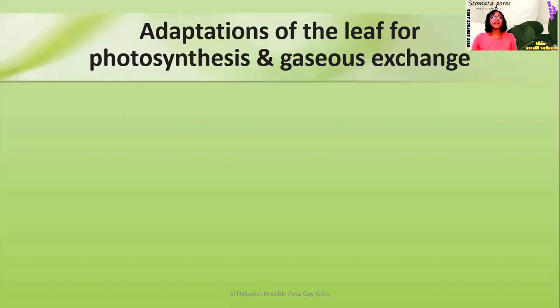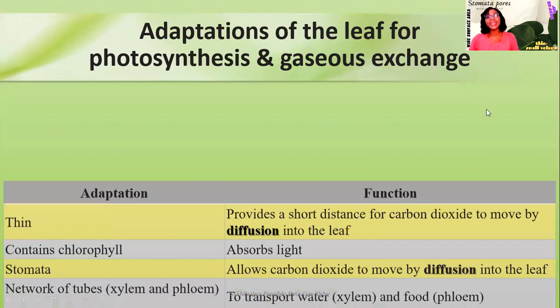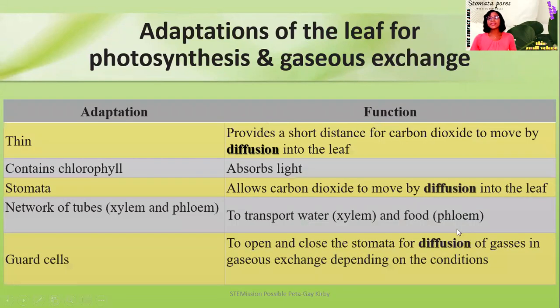Now, adaptations of the leaf for photosynthesis and gaseous exchange. Here is a summary table. And you'll notice that where diffusion is included, they are in bold print. So for example, thin, remember that picture.